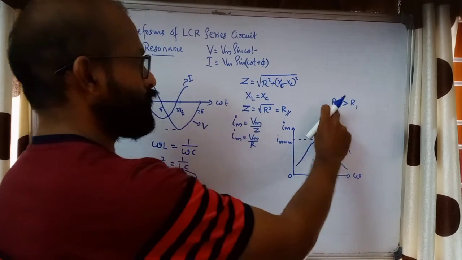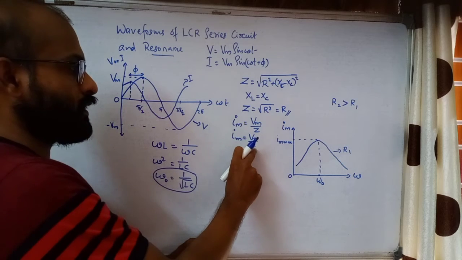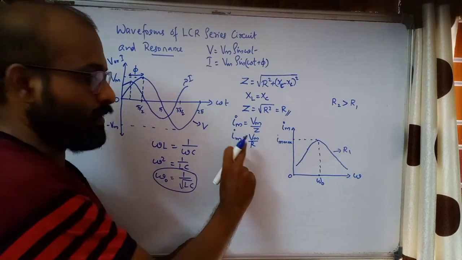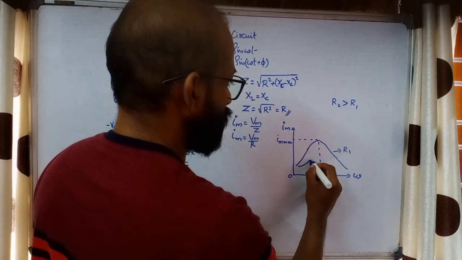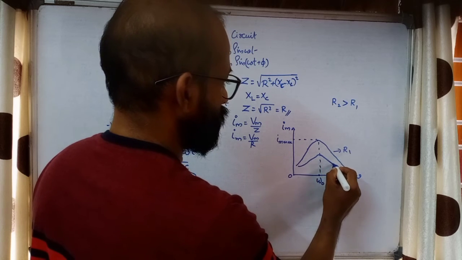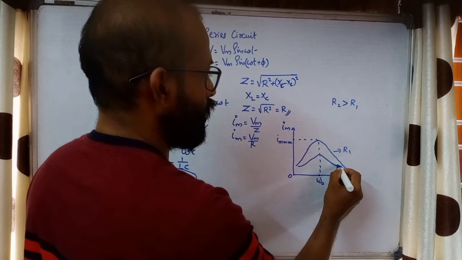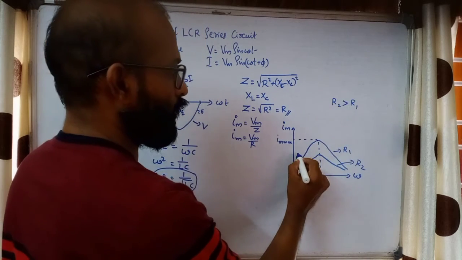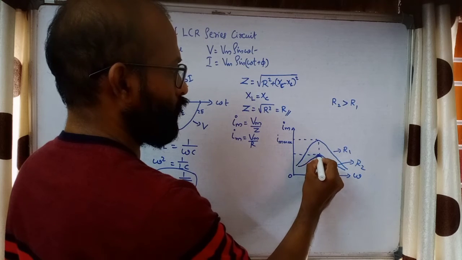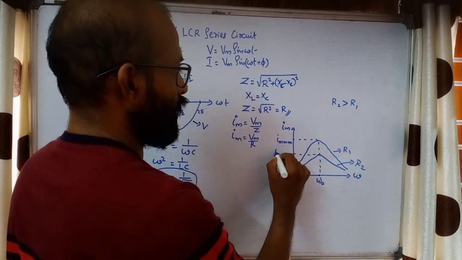Now what happens when resistance increases? When resistance increases, current amplitude will go on decreasing according to this equation. So what should be the graph? The graph should look like this. This is for a resistance R2, where R2 is greater than R1. The maximum value for this I can call I dash m max.